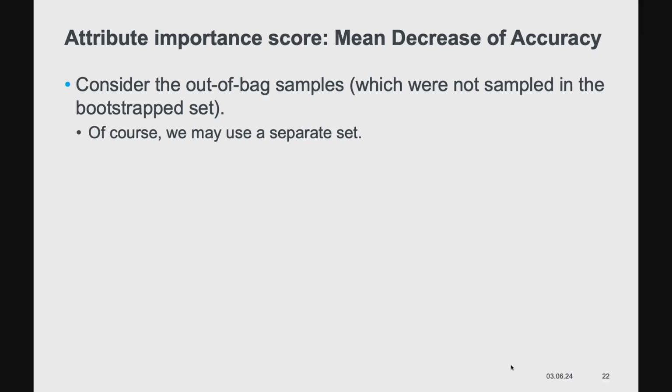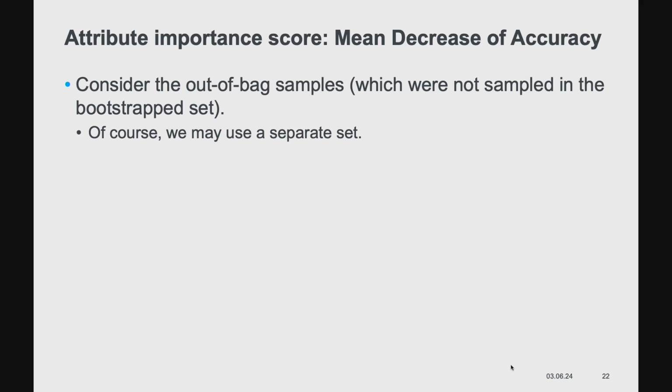What, of course, would be most interesting here is the attribute importance score. Which are the important attributes for prediction in our random forest? How can we go about that? So we have our bootstrap set, and not every data item is bootstrapped.